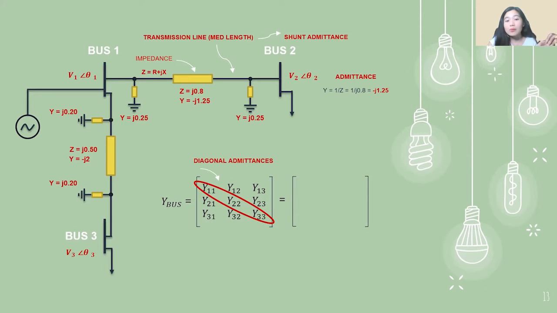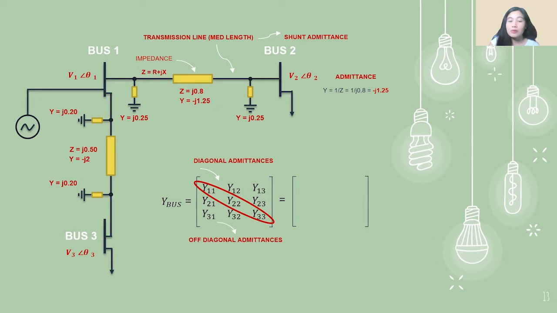As for our Y12, Y13, Y23, Y21, Y31, and Y32, all of those admittances that do not belong to our diagonal admittances are known to be off-diagonal admittances. Based on my understanding and on the textbook or manual, this type of admittance is always multiplied by -1.